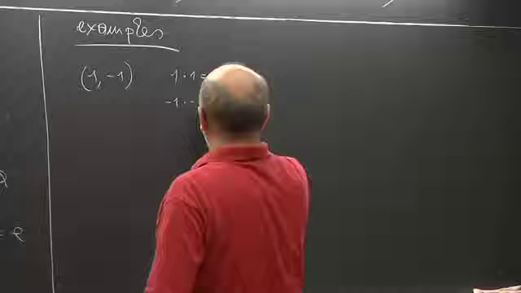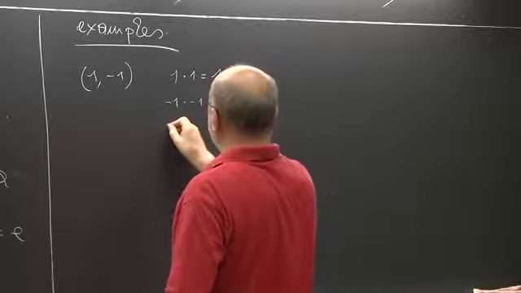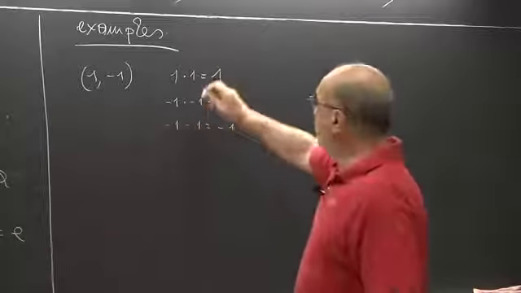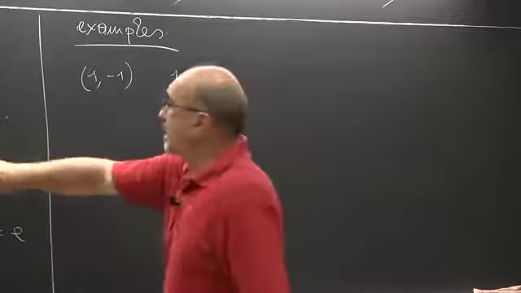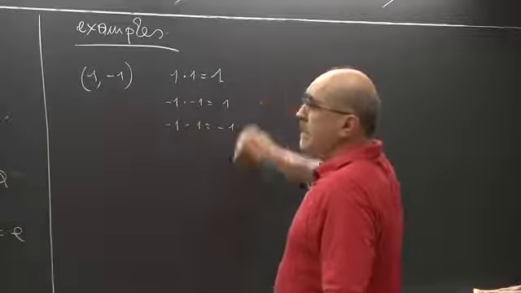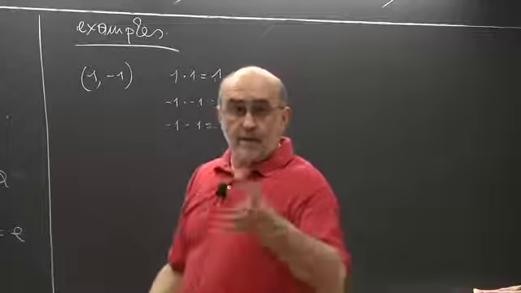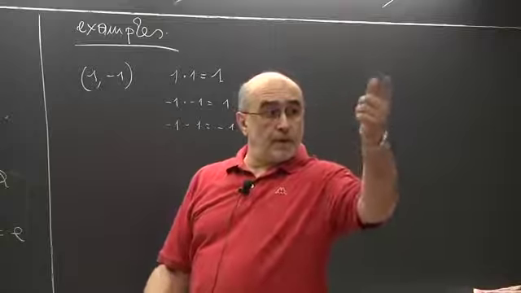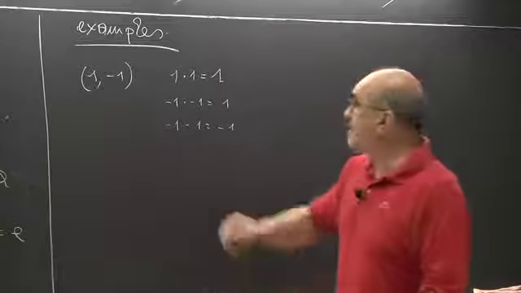Minus 1 times minus 1 is 1, so it belongs to this. Minus 1 times 1 is minus 1. So if this operation is the normal product, this is a group structure. That means every operation that you do among two elements gives a third element that still belongs to the group. You see?